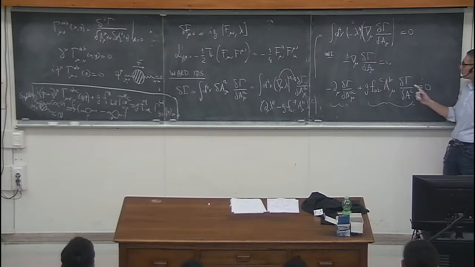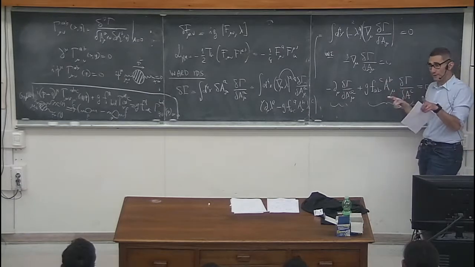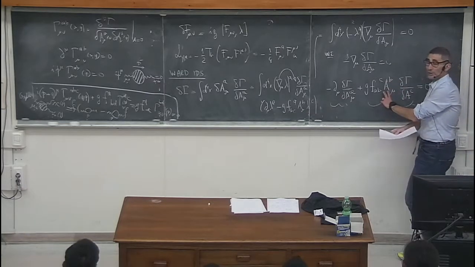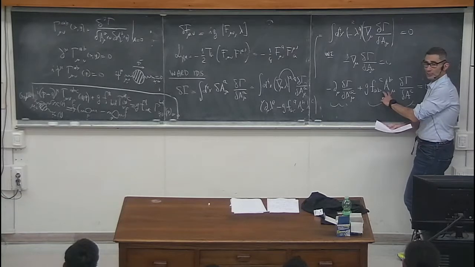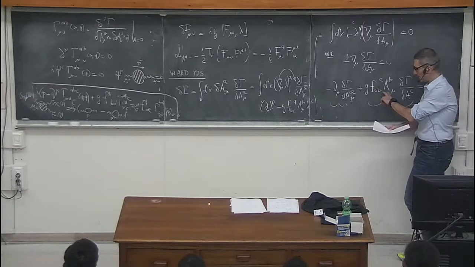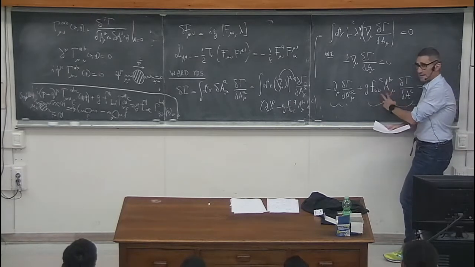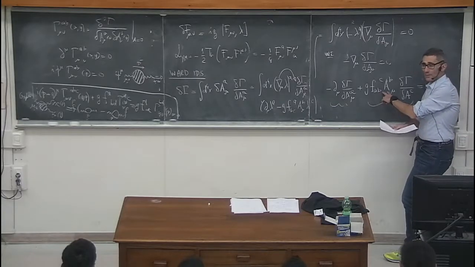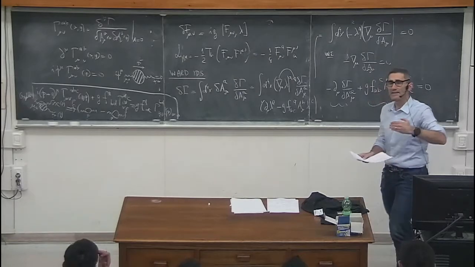But suppose that instead of a field here, I have a double field. For example, a product of two fields, which I am going to have when I consider BRST symmetry. Then I have to take into account additional diagrams, and this is the reason why you need antifields. Today I will not have time to do it, but in the next lectures I will show you why, if I write down the Ward identity for the BRST symmetry, I need antifields.